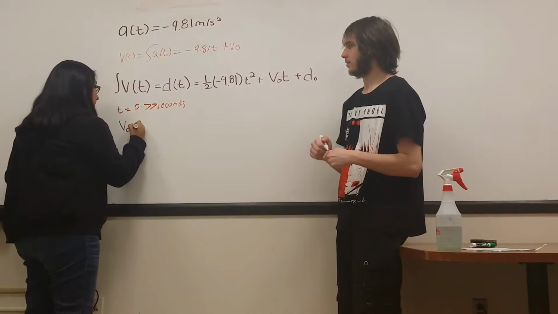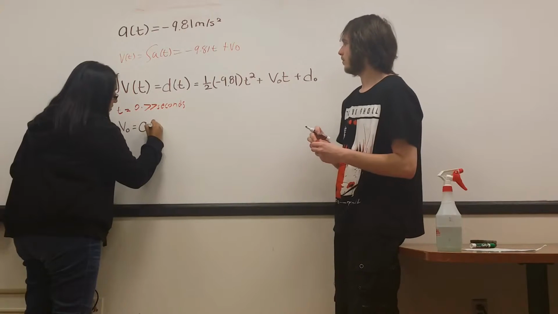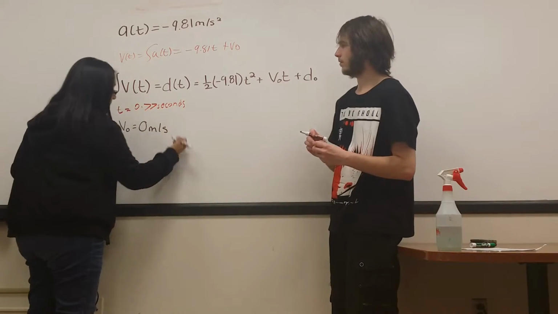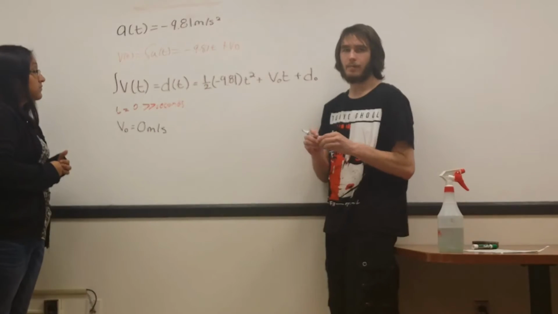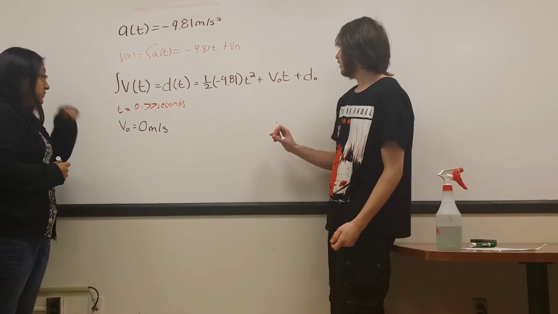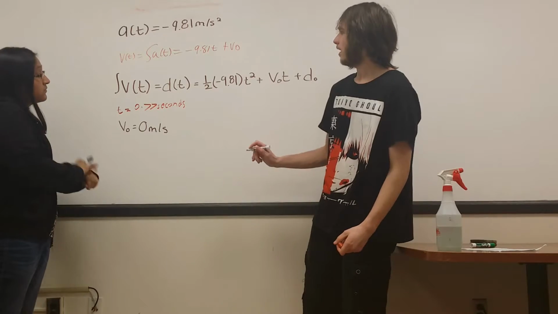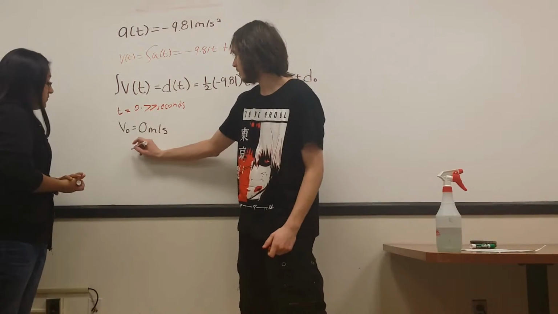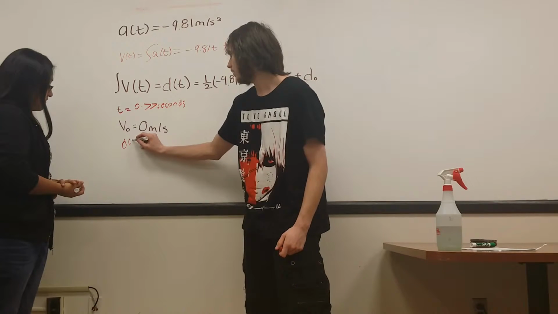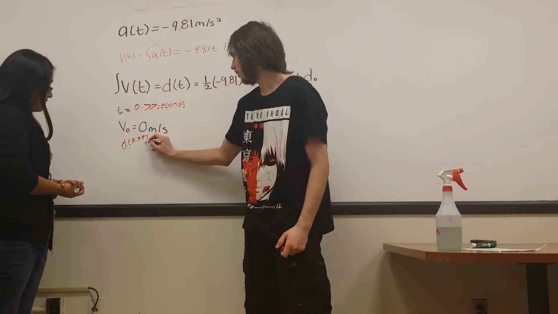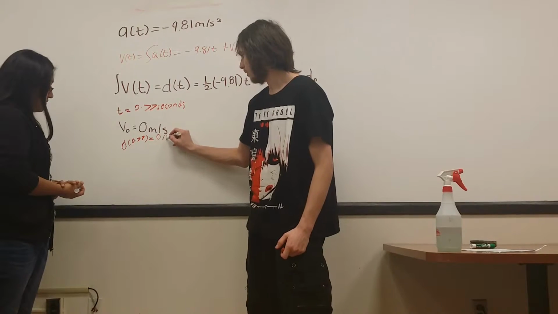So v initial equals 0 meters per second. So, now by plugging in the time and the initial velocity, as well as having a final distance of 0, because that's where the egg hits the ground, so d of 0.77 is equal to 0 meters.